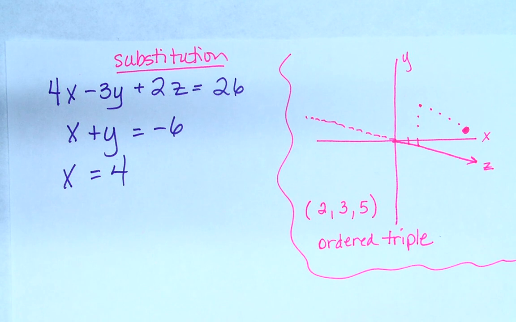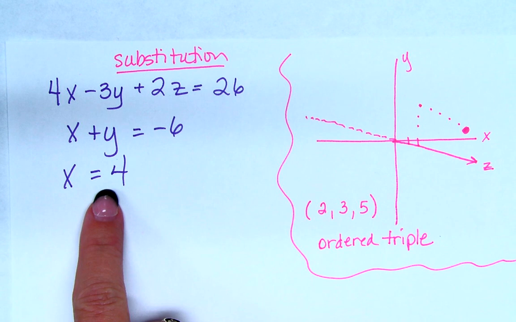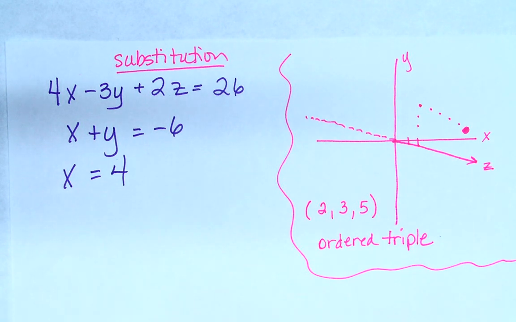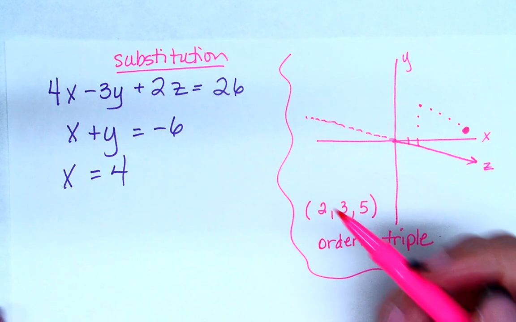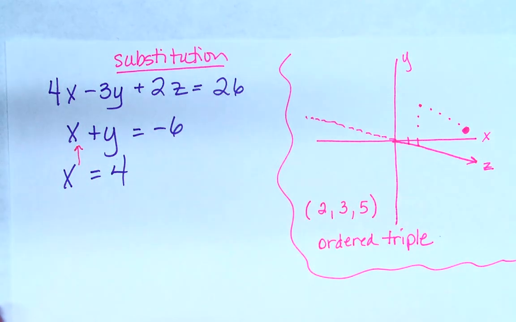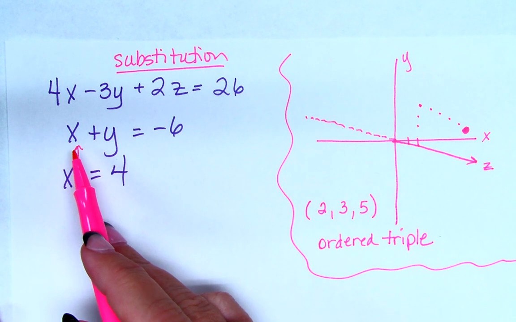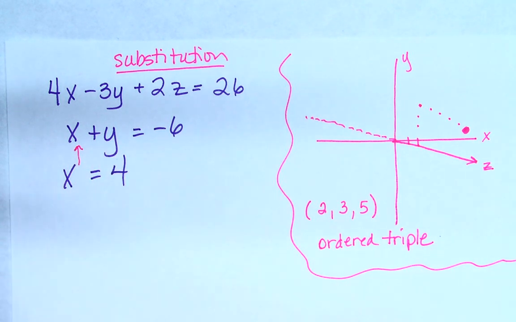We got lucky on this one. Why did we get lucky? We already know x. It already told us x. So what should I do with that? Just plug it in right there. What's going to happen if I plug it in right there? I'll know y. Okay, so let's do that.